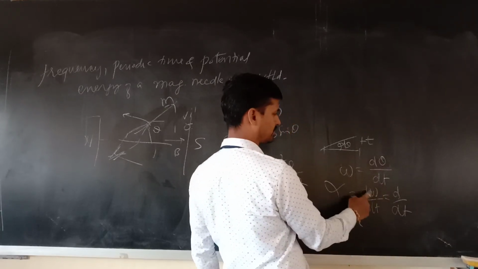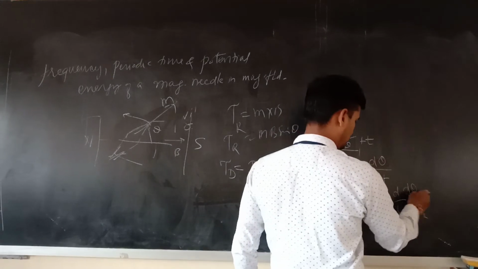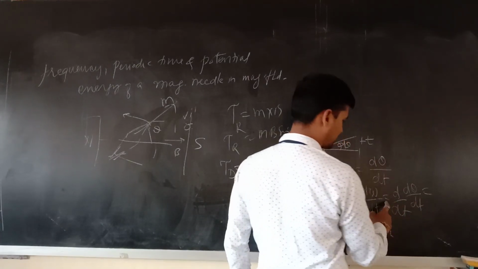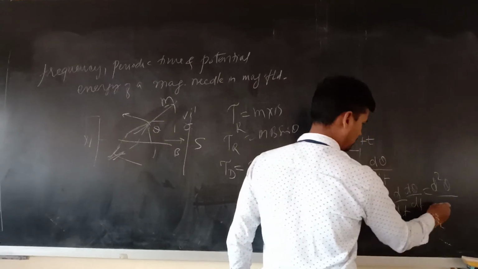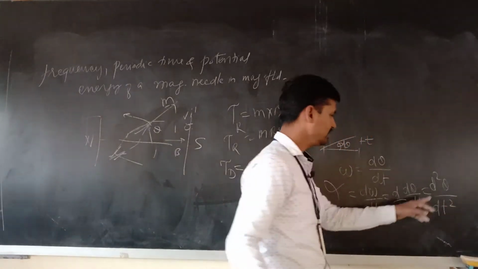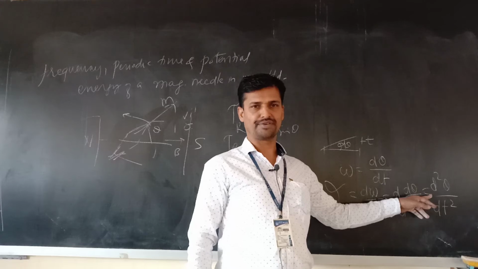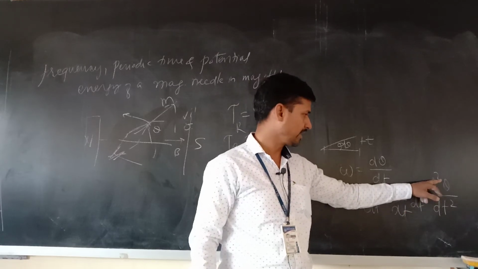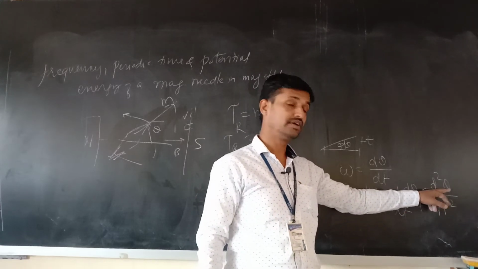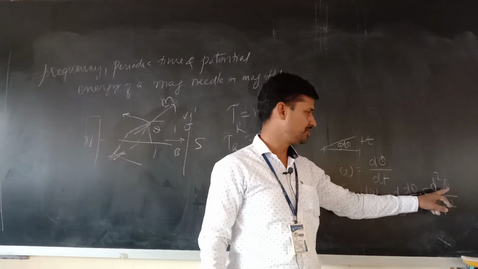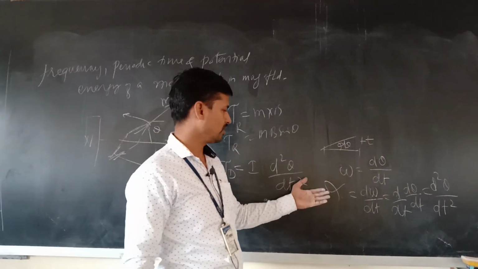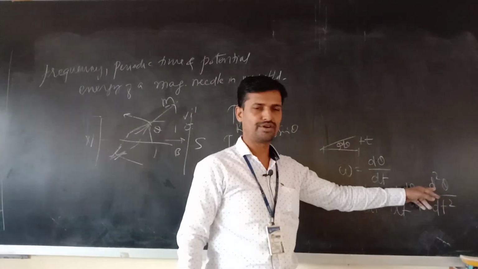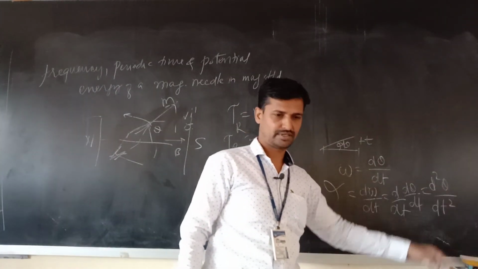Omega is d theta by dt. This is written as d square theta by dt square. It is called second order differentiation of displacement, which gives angular acceleration. So alpha is nothing but the second order differentiation of angular displacement.